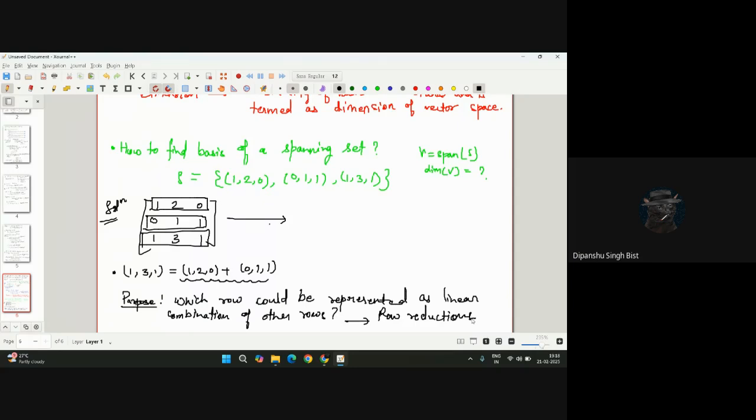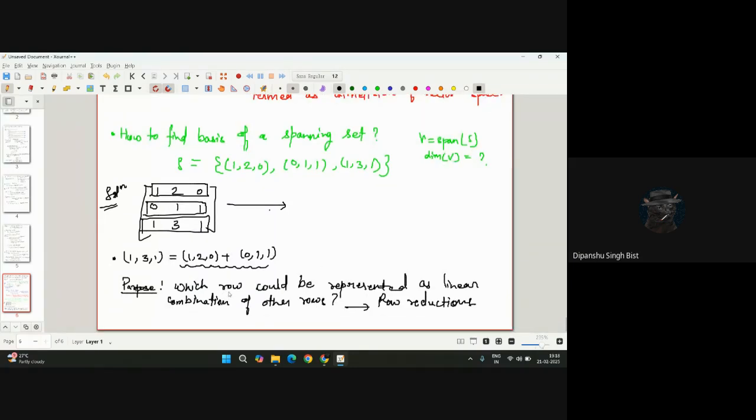For row reductions, the purpose is to find which row could be represented as a linear combination of other rows. And our question was which vector could be represented as a linear combination of other vectors. So don't you think we should put the vectors as rows in this case?